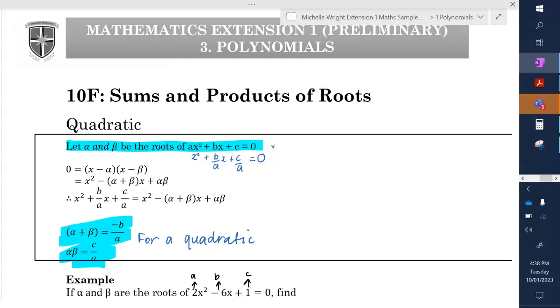So a is always going to be out the front of x squared, b is out the front of x, and c is the constant term. Just like when we use the quadratic formula to factorize, we'll have our a and b and c in the same spot. So the sum of our roots are minus b on a, the product of our roots for a quadratic are c over a. We need to be familiar with that, and we're going to use that.